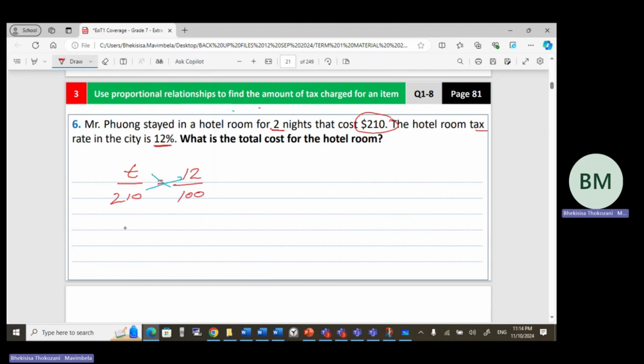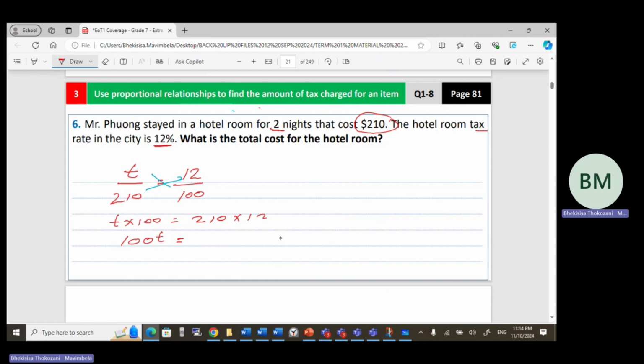Now I have t times 100 equal to 210 multiplied by 12. And obviously this is 100t, but now these numbers are too big.